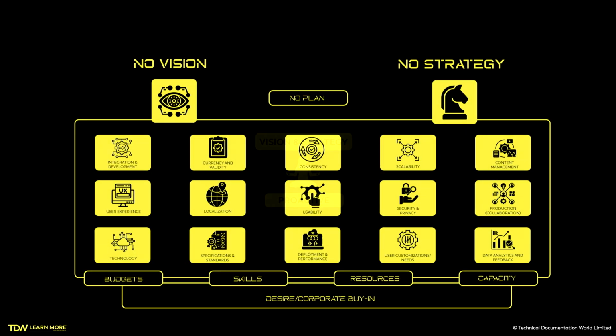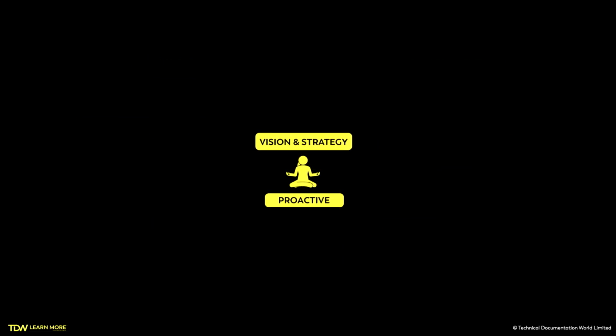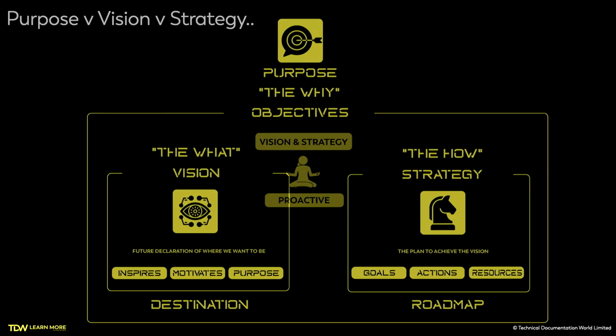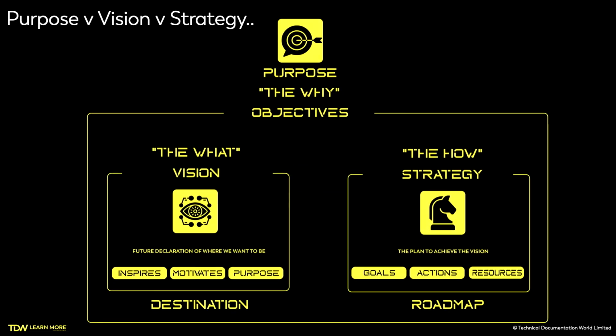So if we're coming at this from a position of Zen, and we have a vision, we have a strategy, and we know exactly what we're going to do with our technical publications, and we've decided and we've analysed and we've thought through using something like S1000D, we're coming at this in a purpose-driven way.